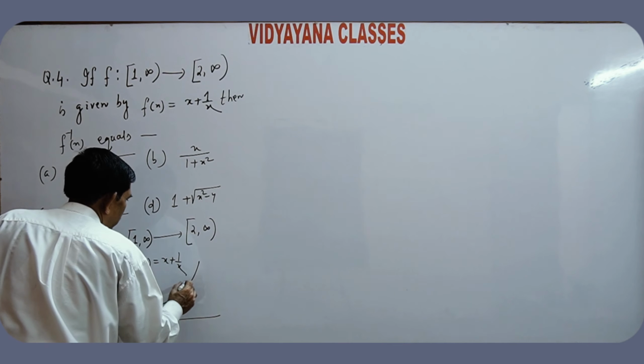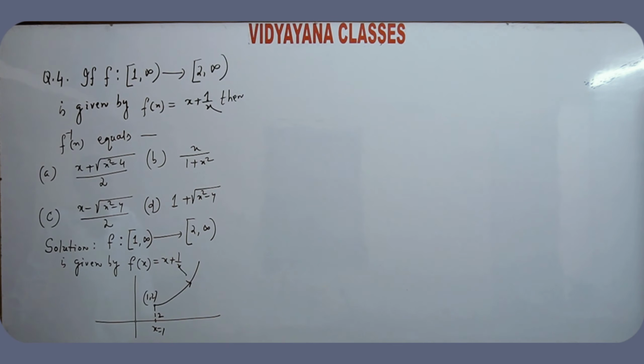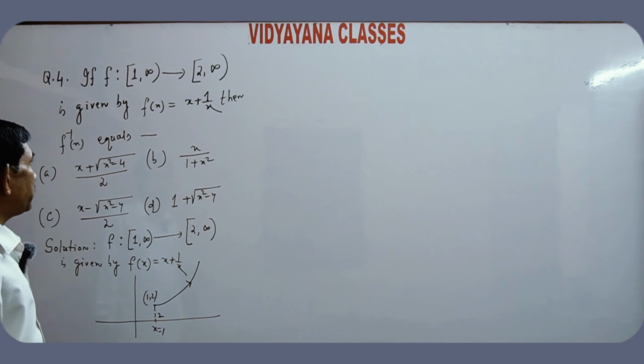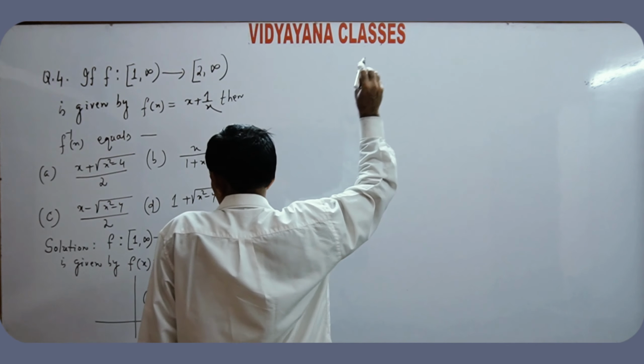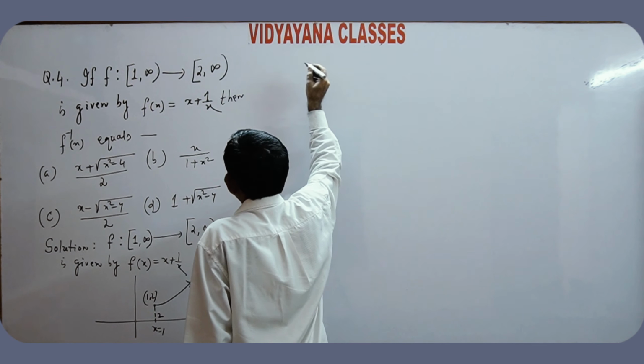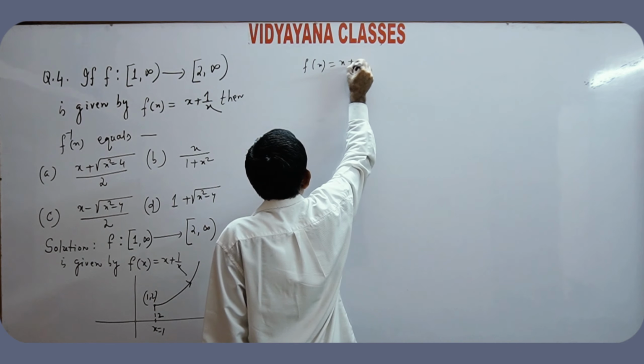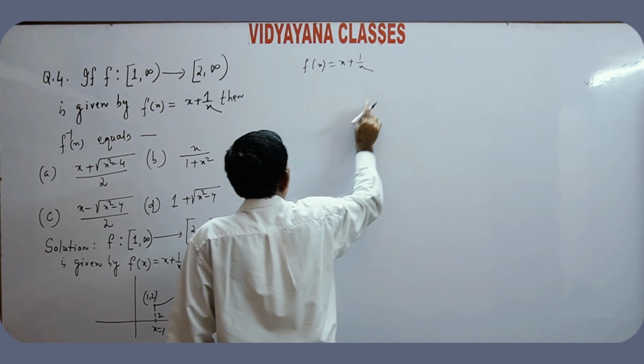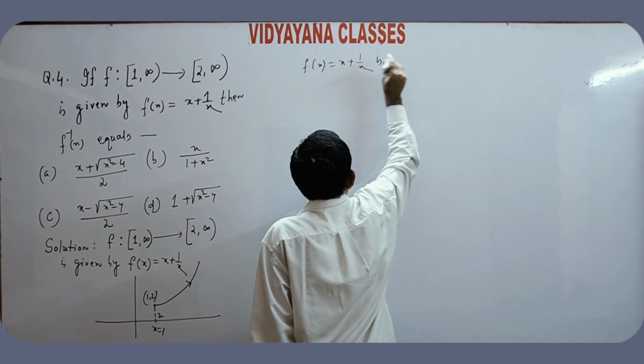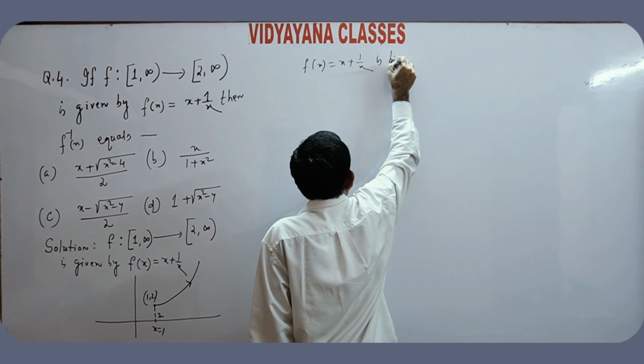When x tends to infinity, y tends to infinity. The graph shows f is bijective. f(x) = x + 1/x is bijective.